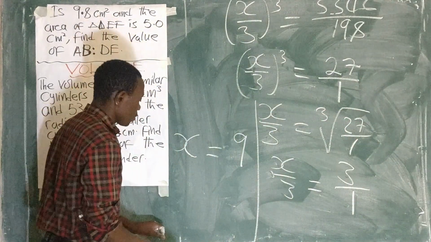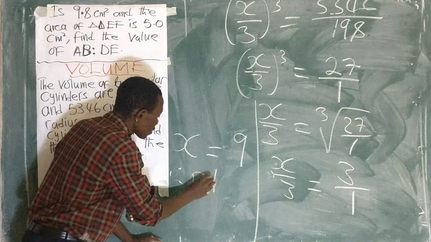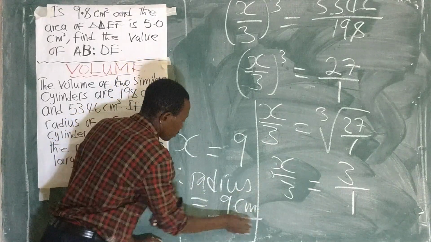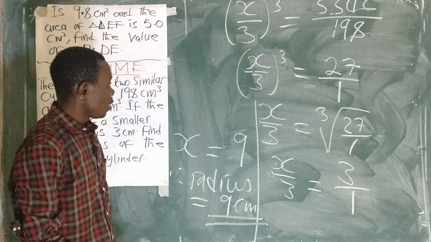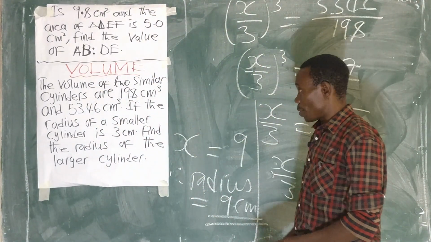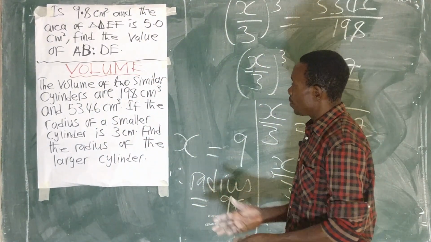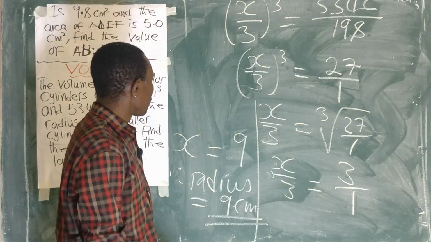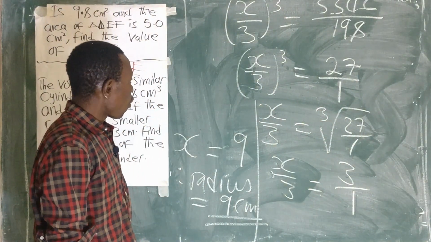We conclude that the radius is equal to 9 centimeters. That's all. That's the way you were supposed to handle this problem: comparison between the two ratios, the linear scale factor and the volume scale factor. Wish you all the best.